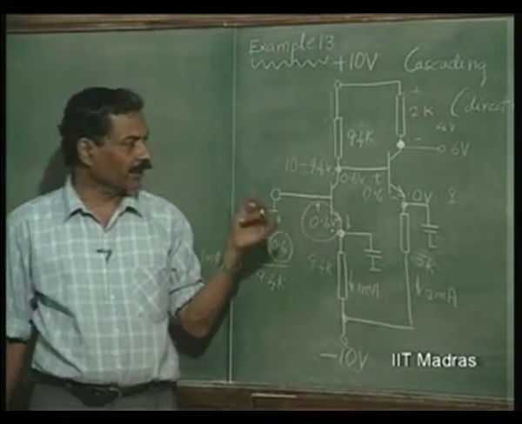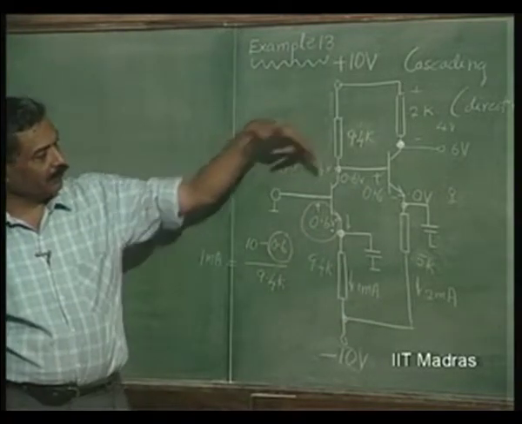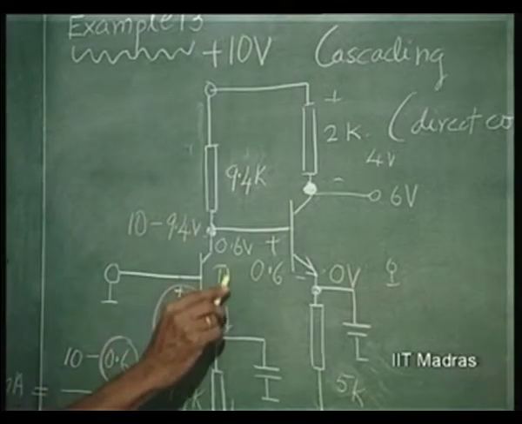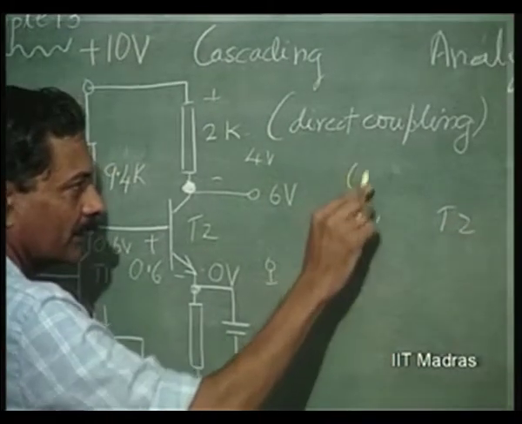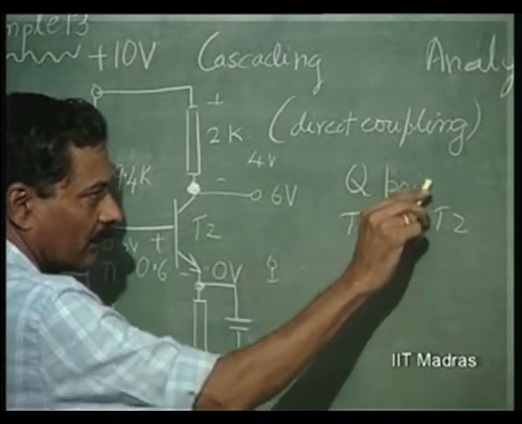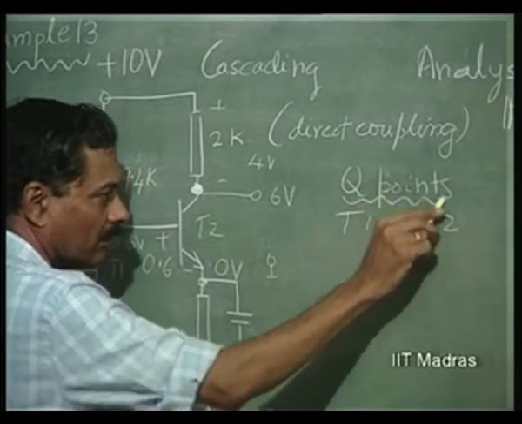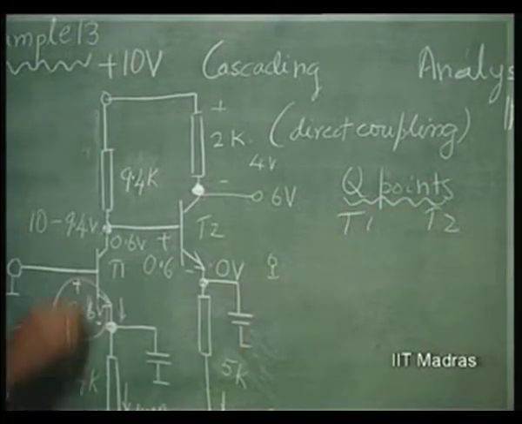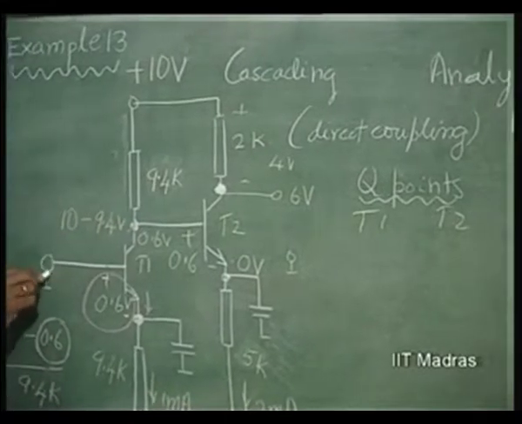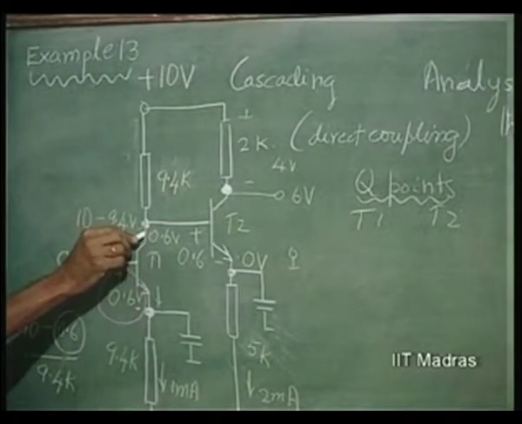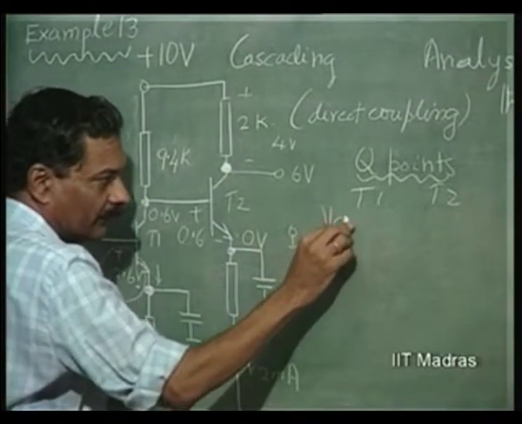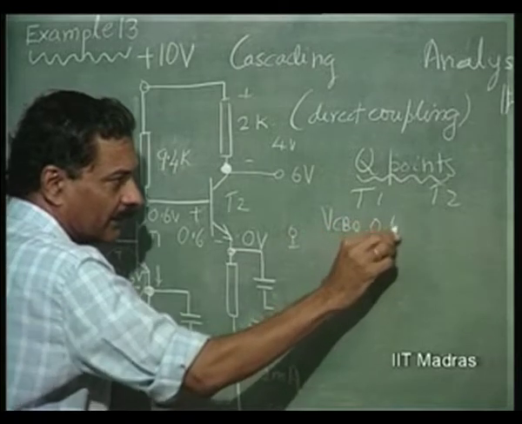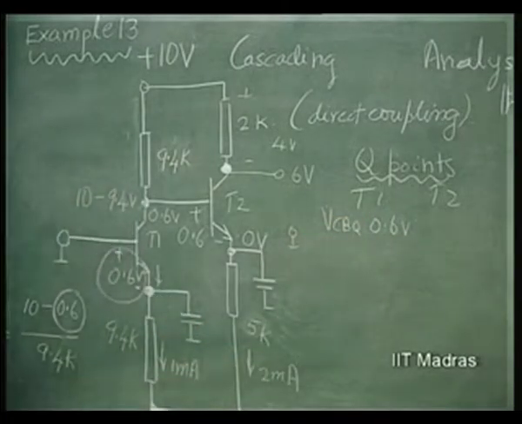Let us investigate that. How much do we have as VCB for T1 and T2? So, T1, T2 operating points. So, what will be the VCB for this? Base is at 0 volts, this is at 0.6 volts. So, VCB Q is 0.6 volts, which is good enough hopefully, because it is the first stage of amplification.